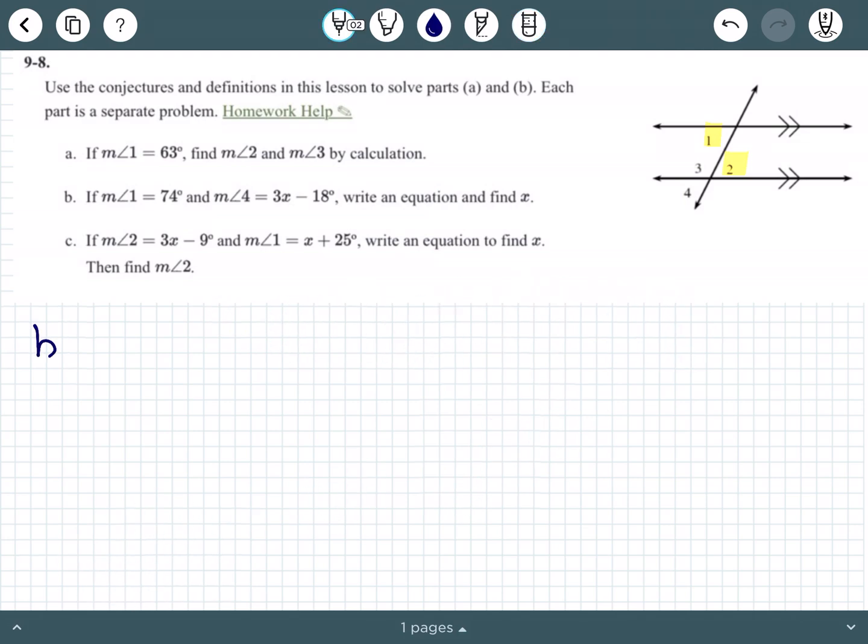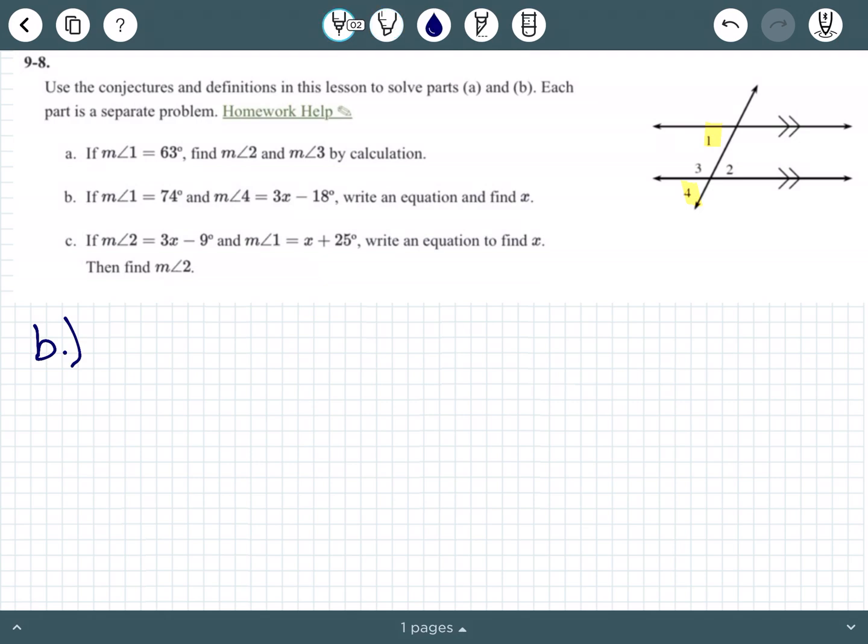B, it says if the measure of angle 1 is 74 degrees and the measure of angle 4 is 3x minus 18, so we're looking at 1 and 4, write an equation and find x.